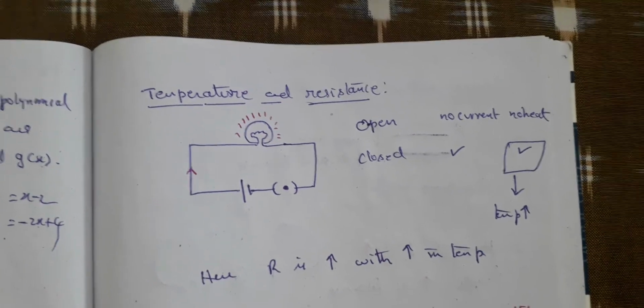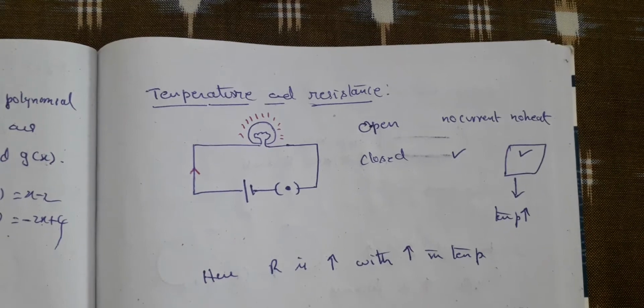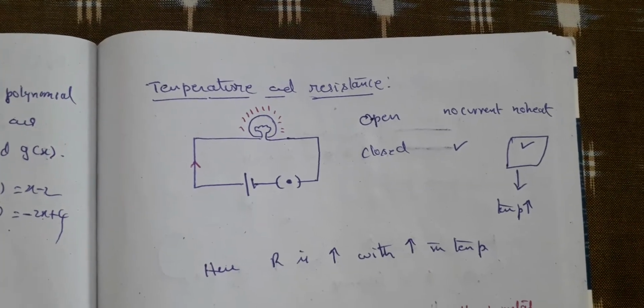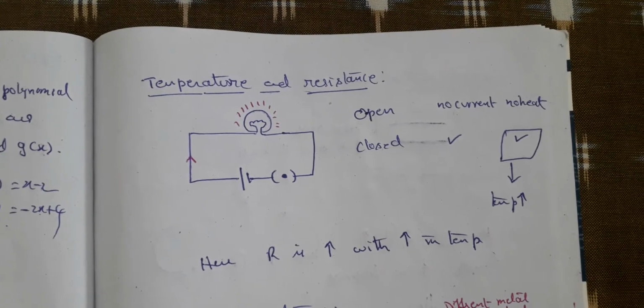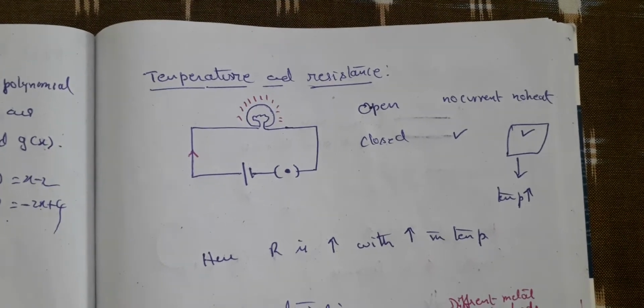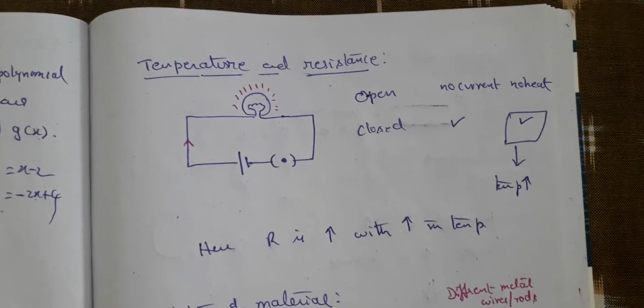That means when the battery is connected and after a certain time of glowing. What happens after a certain time of glowing? The bulb not only emits light energy but also heat energy, is it not? The filament gets heated.